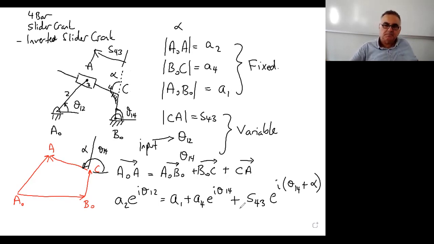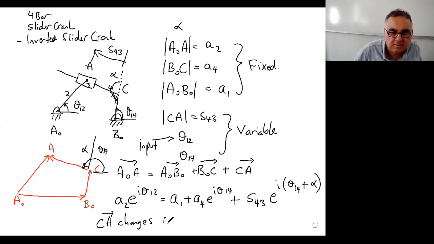Okay. S43 is a variable here. Theta 1, 4 is a variable. So we have to note that CA changes in magnitude and direction.